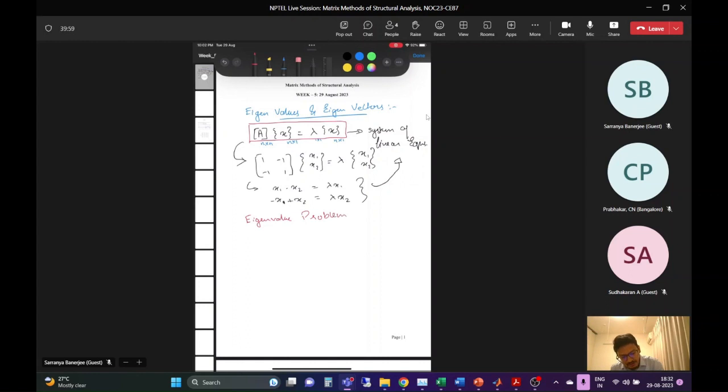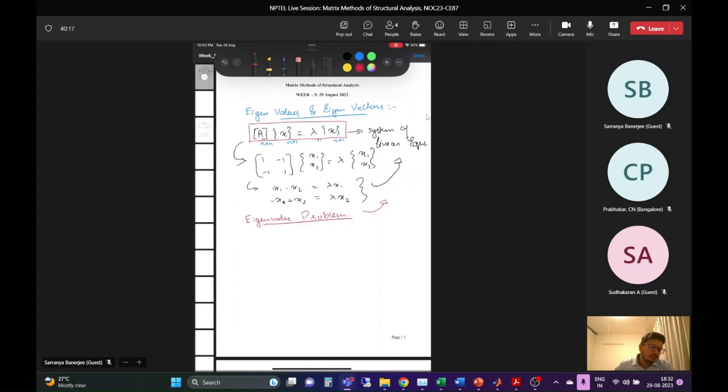So whenever you have a system of linear equations of this caliber, where you have Ax equals lambda x, where A is a matrix, lambda is a scalar, and x is your vector, this is called the eigenvalue problem.